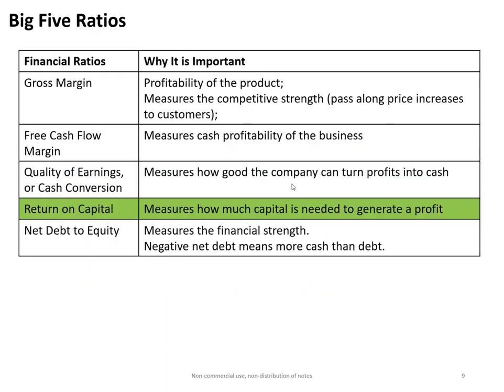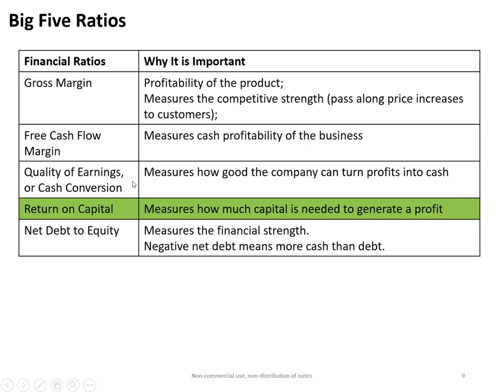Return on capital is one of my big 5 financial ratios. This is my big 5 as a long-term investor. I always look at these 5 financial ratios whenever I look at a business. I look at the gross margin because it tells me the profitability of the product. I look at the free cash flow margin because it tells me the cash profitability of the business.